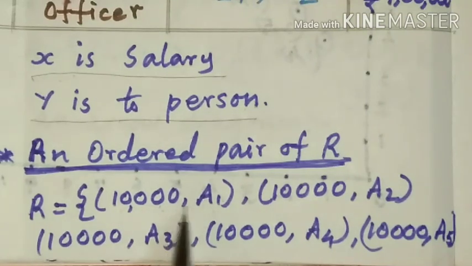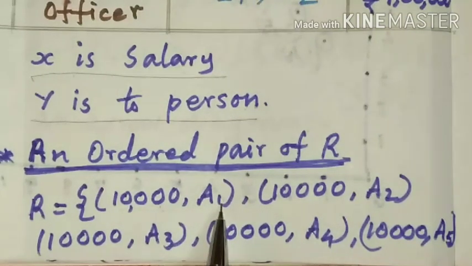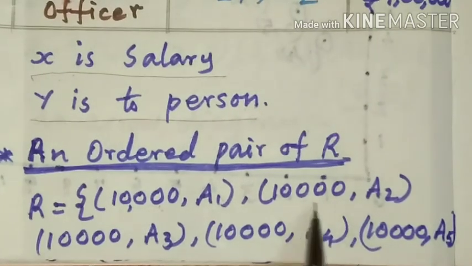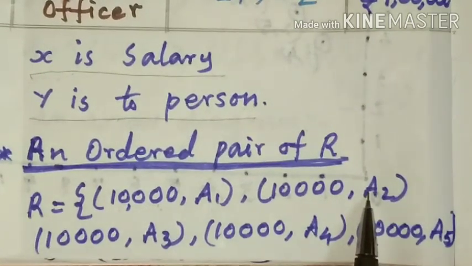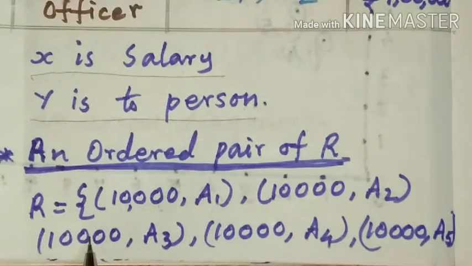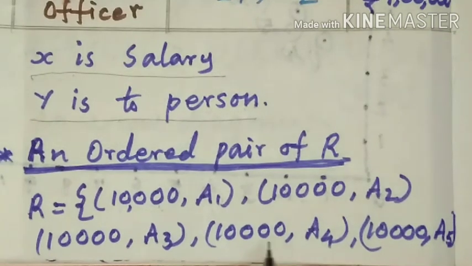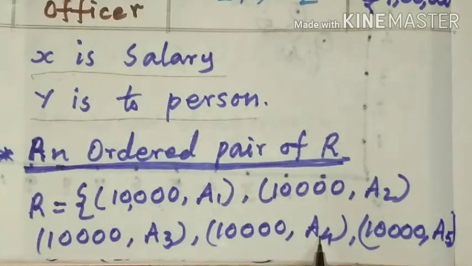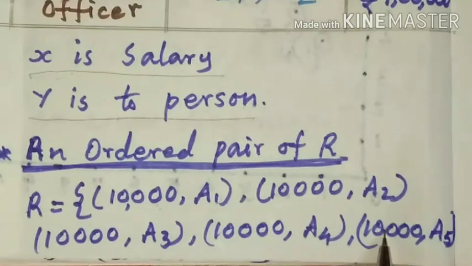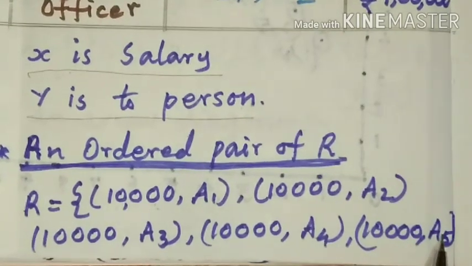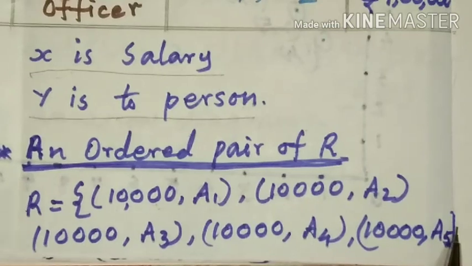Therefore 10,000 comma first member of assistant A1, then 10,000 comma second member of assistant A2, then 10,000 comma third member of assistant A3, then salary amount 10,000 comma fourth member of assistant A4, then salary amount 10,000 comma fifth member of assistant A5.